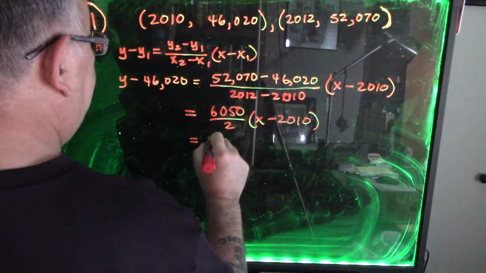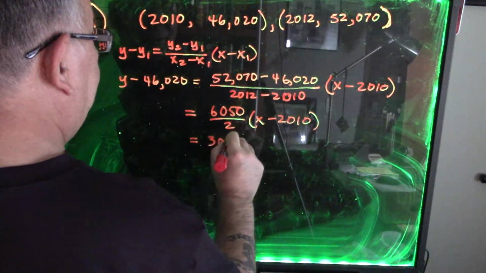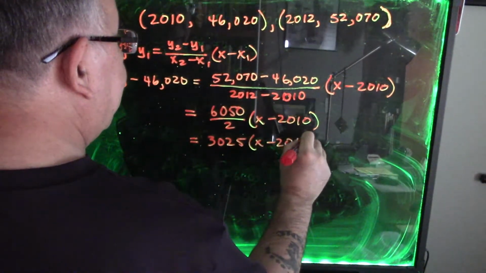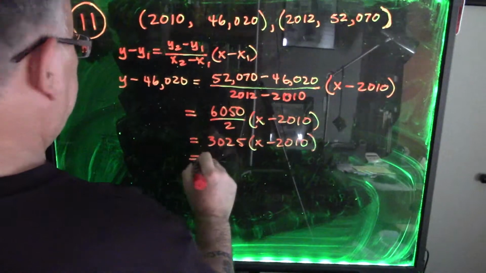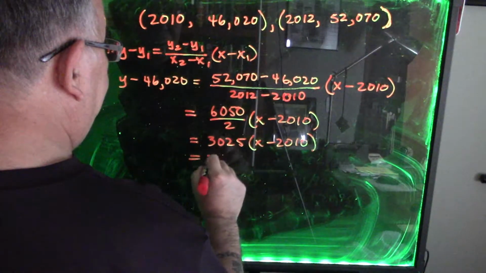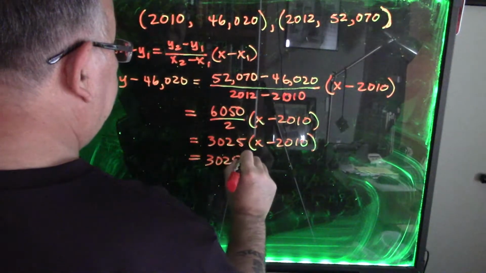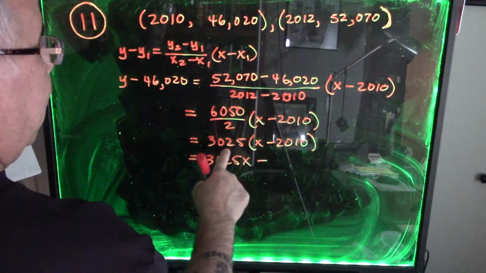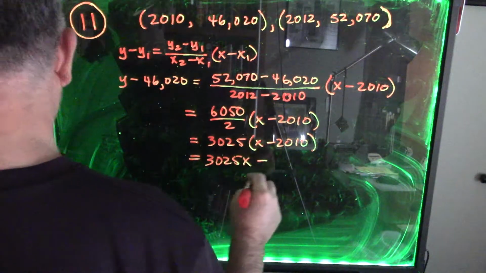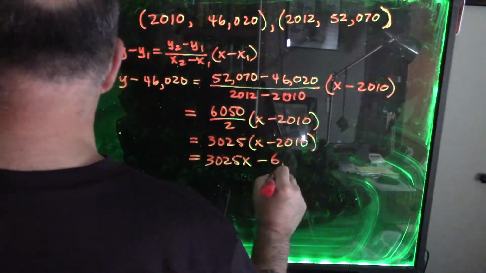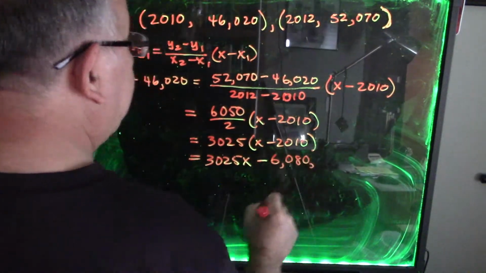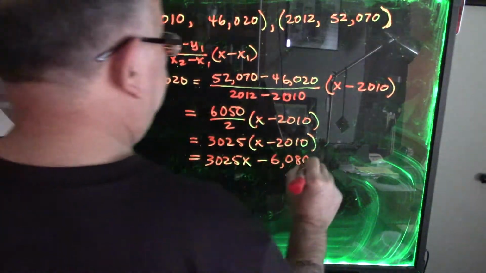That's 3025 times the quantity x minus 2010. So distribute that through. You've got 3025x minus, this times minus 2010 is minus 6,080,250.